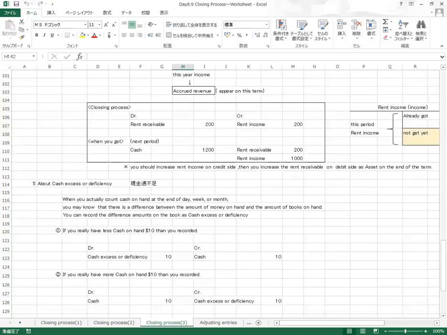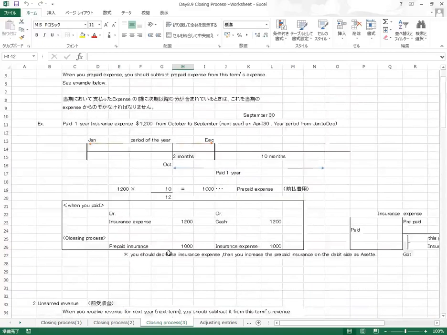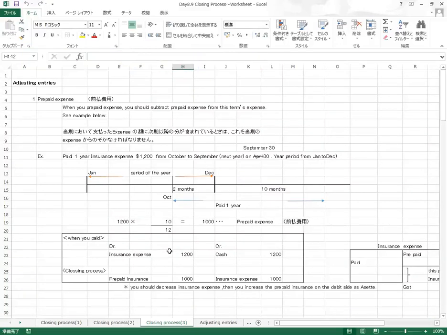In accounting, companies have to divide the terms into fixed periods, mostly 1 year. Mostly 1 year, and let's think about the income and expense in the accounting term.